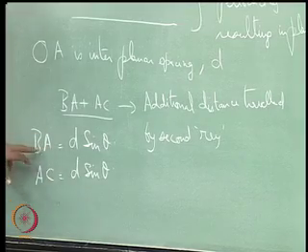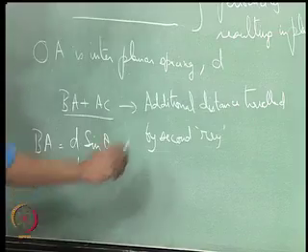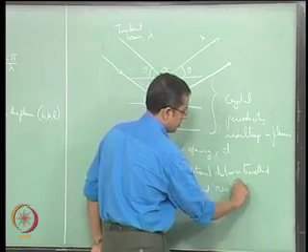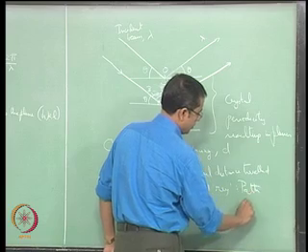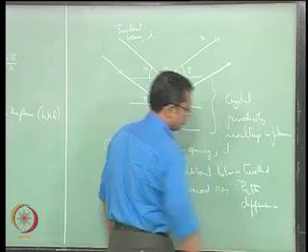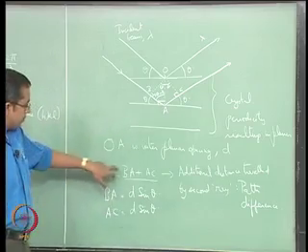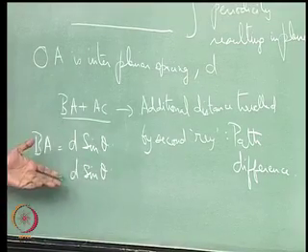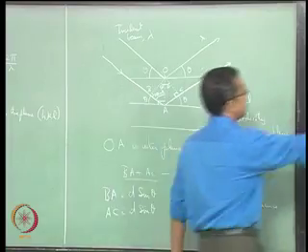So the total additional distance, this is also called path difference. Okay, so path difference is BA plus AC, each is D sin theta. So therefore the total path difference is simply 2D sin theta.